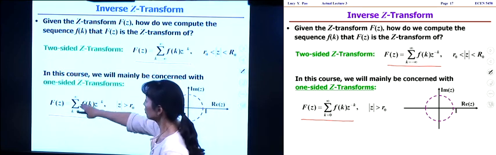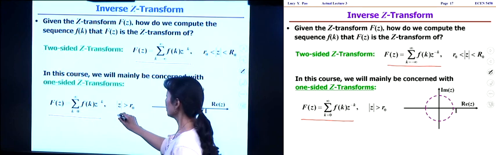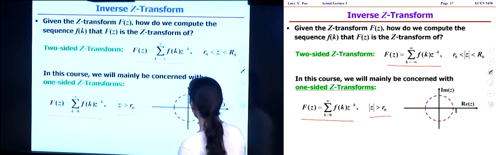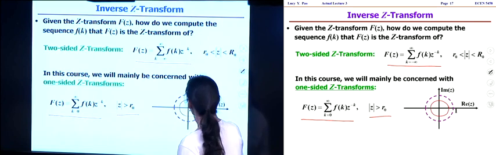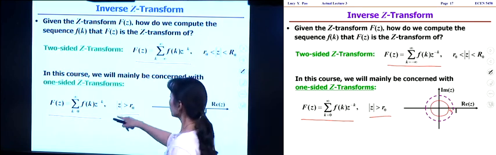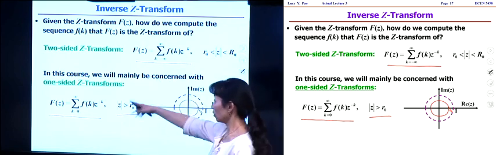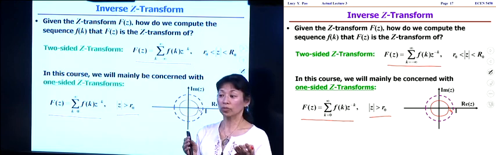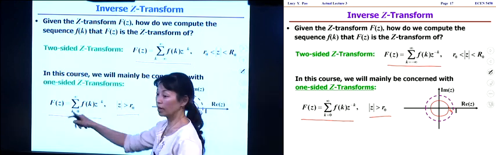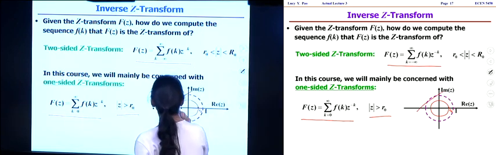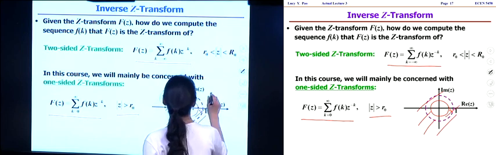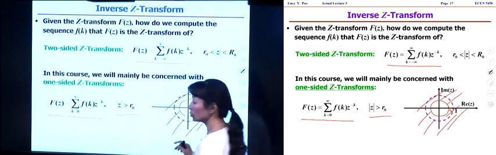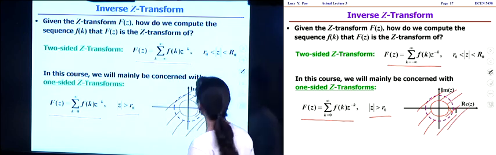So from k equal to 0 to infinity, and its region of convergence is everywhere outside of some disk of radius r0, where r0 typically, for a causal signal or causal system, is the largest pole of f of z. And so if the largest pole is inside the unit circle, it will correspond to a stable system or stable signal.